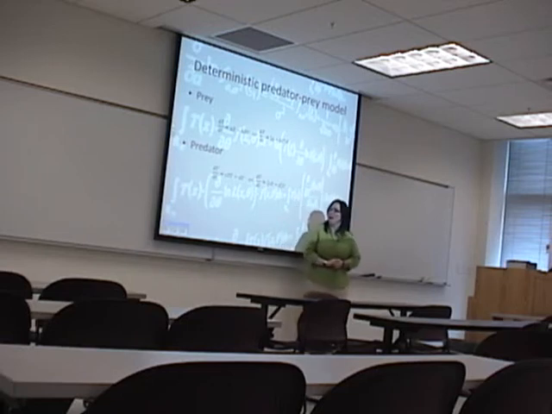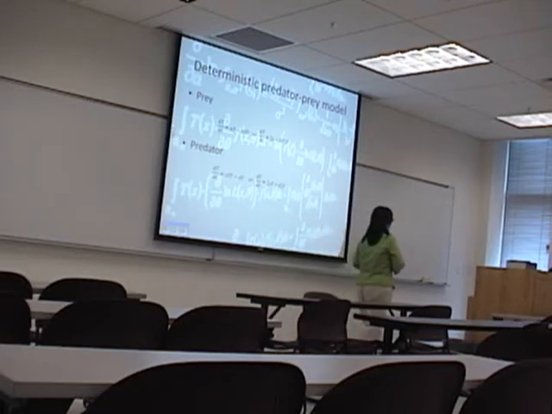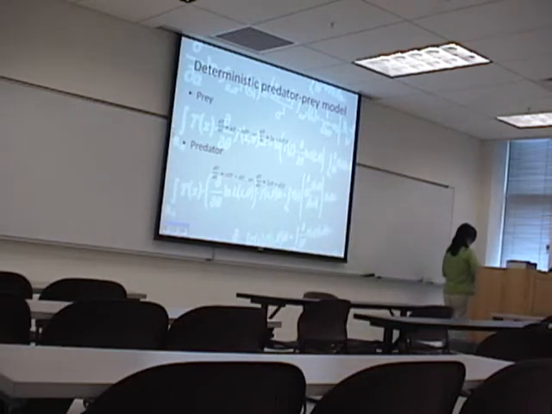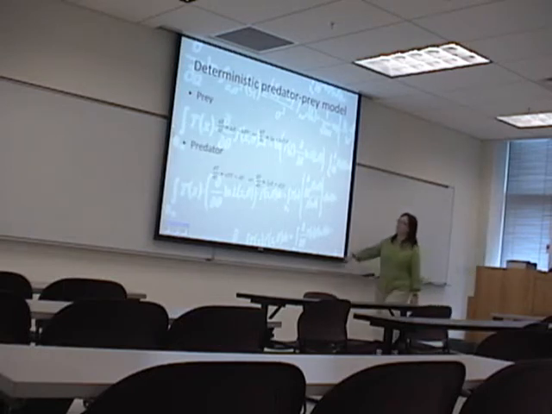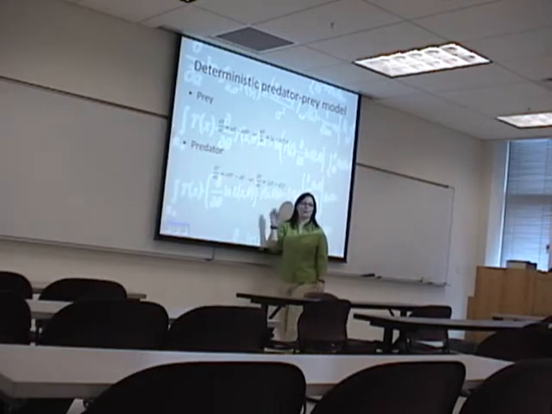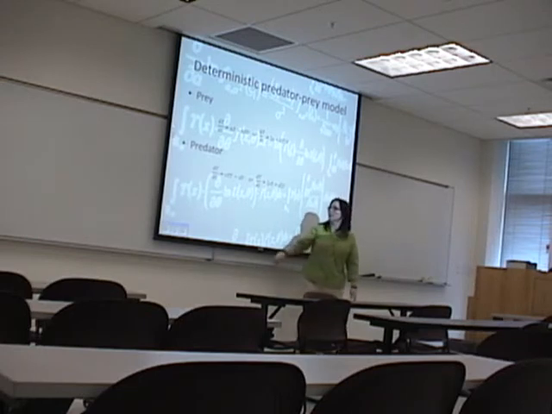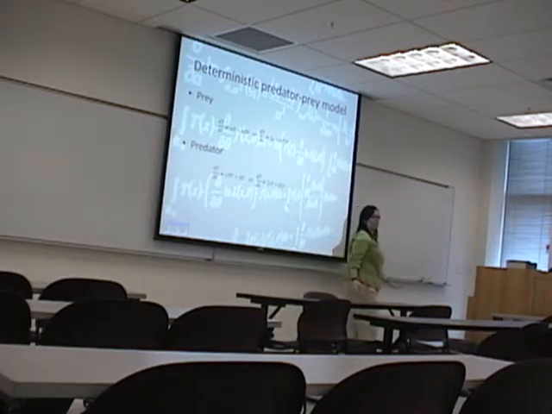And the last one was that the rate of birth for the predator, the growth of the predator, is proportional to the death rate of the prey. That's why these two terms, this one here and this one up here, look exactly the same. They both have a law of mass action going on. The only difference is the coefficient, because we cannot necessarily assume that those are going to be equal.